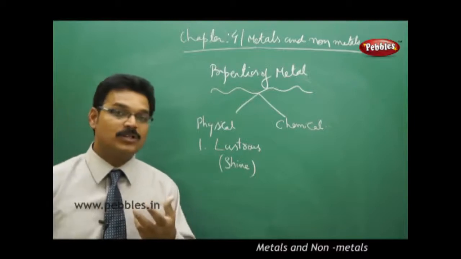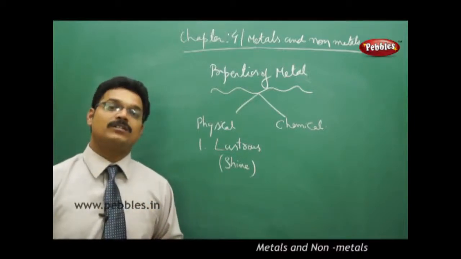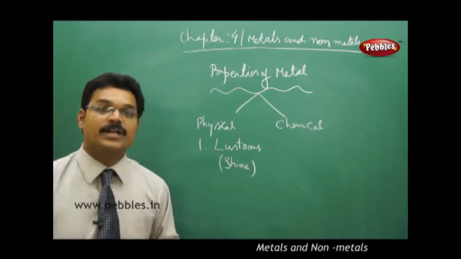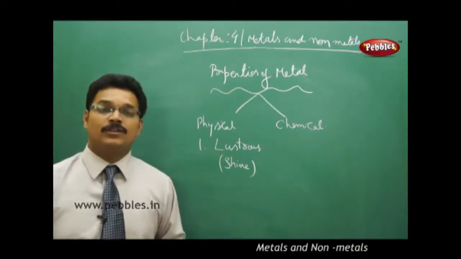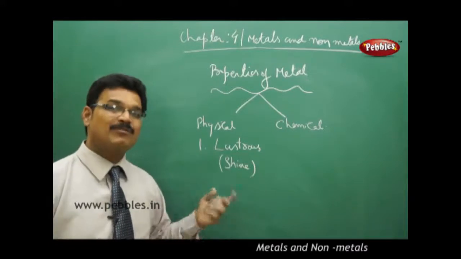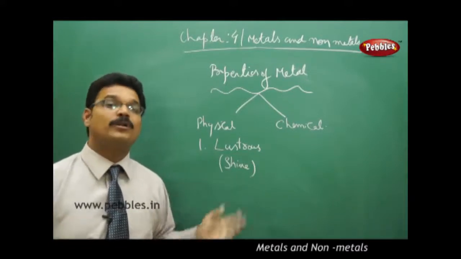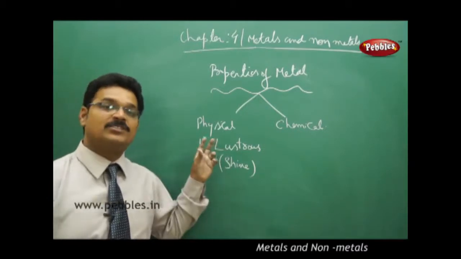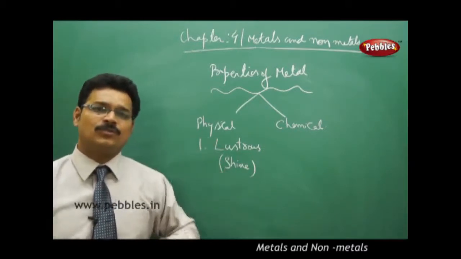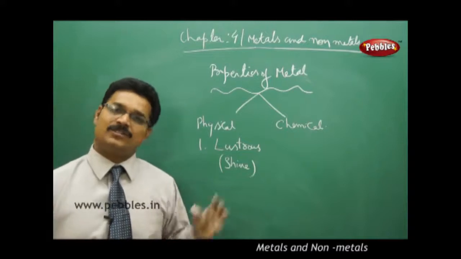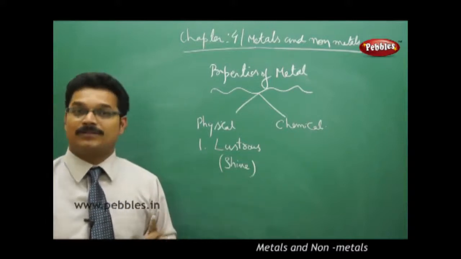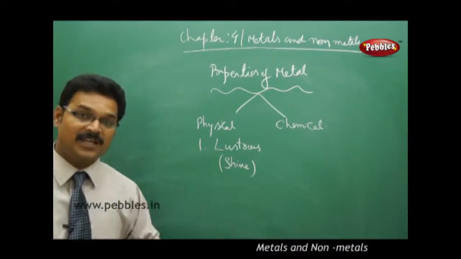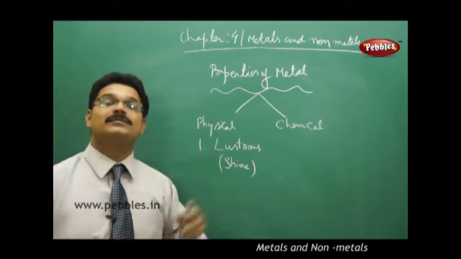Take gold jewelry, does it shine or not? Yes, it shines. Take silver jewelry, does it shine or not? Yes, it shines. So lustrous is a common property of metals, a property to identify whether it is a metal, whether it is shining or not. Generally all metals shine, but there is a caution: everything which shines cannot be a metal.